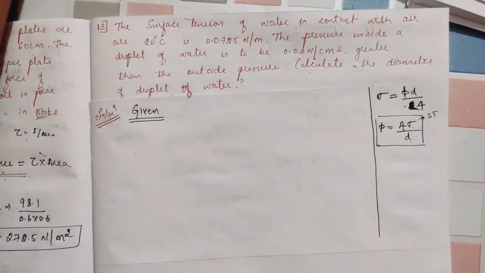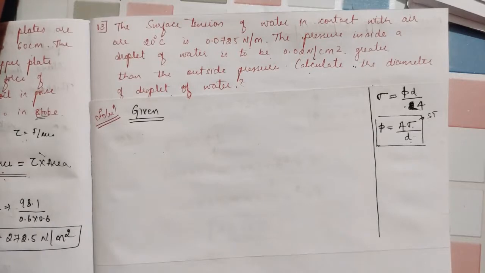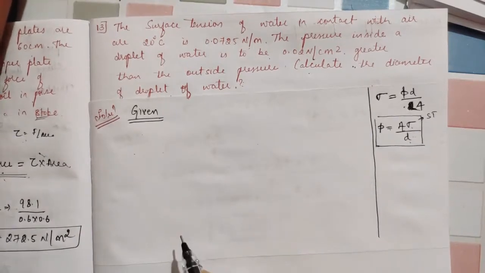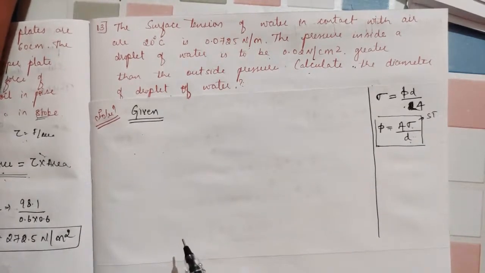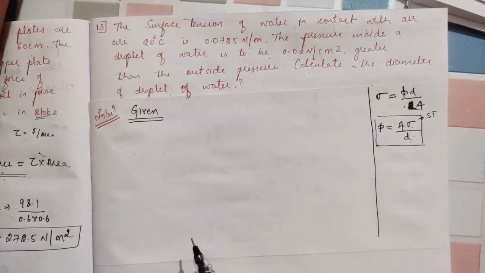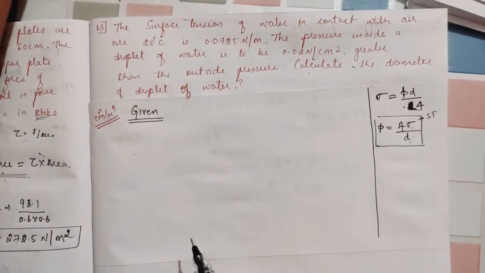The surface tension of water in contact with air is given as 0.0725 Newton per meter. The pressure inside a droplet of water is given to be 0.02 Newton per centimeter square greater than the outside pressure. Calculate the diameter of the droplet of water.